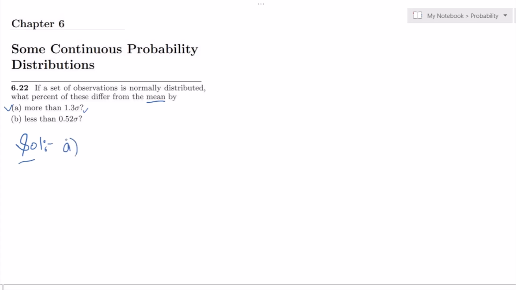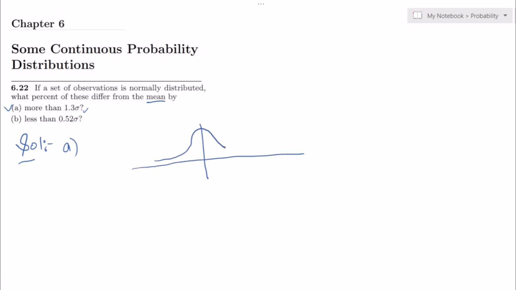Okay, and in solving part A of my question, the information is at 1.3 times sigma from the mean. So if this is the normal distribution, this is the mean, this is 1.3 times sigma, and this is minus 1.3 times sigma as well.